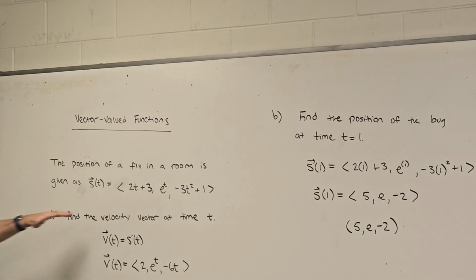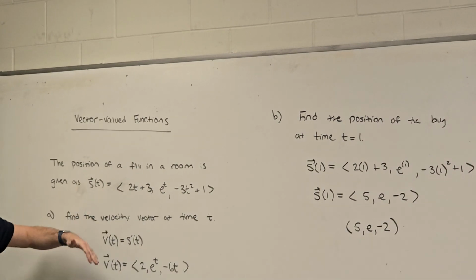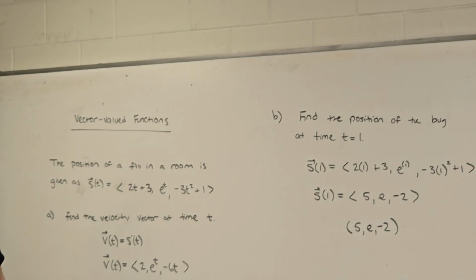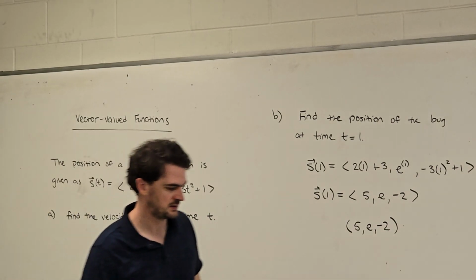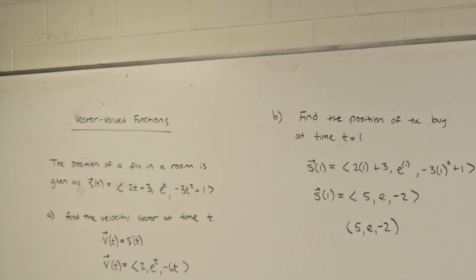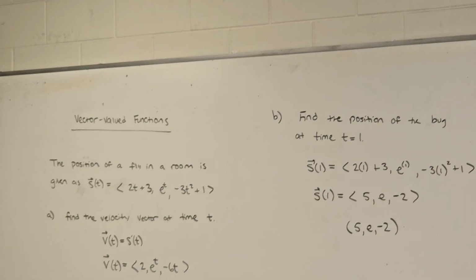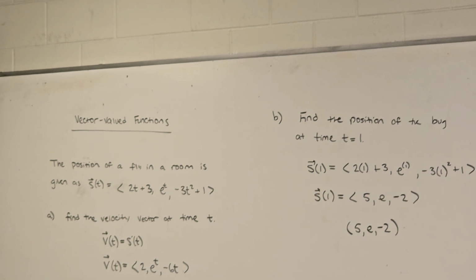Again, we can just treat them as vectors so we can do math with them. We can take derivatives, add them together, things like that. So we have our velocity vector, but let's make sense of what that velocity vector would mean at given instants.